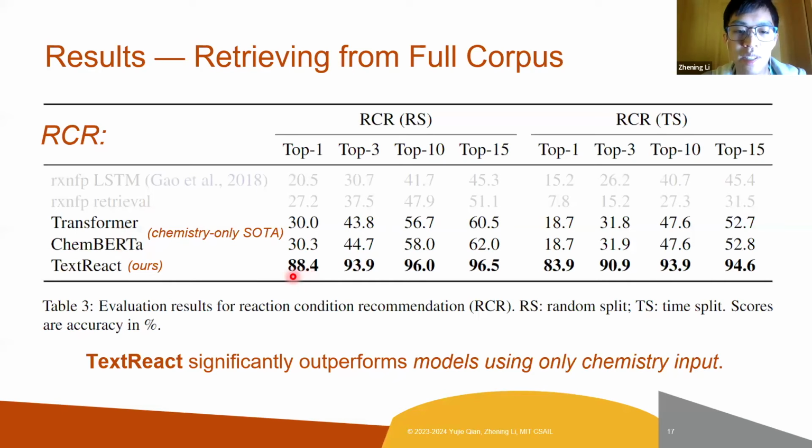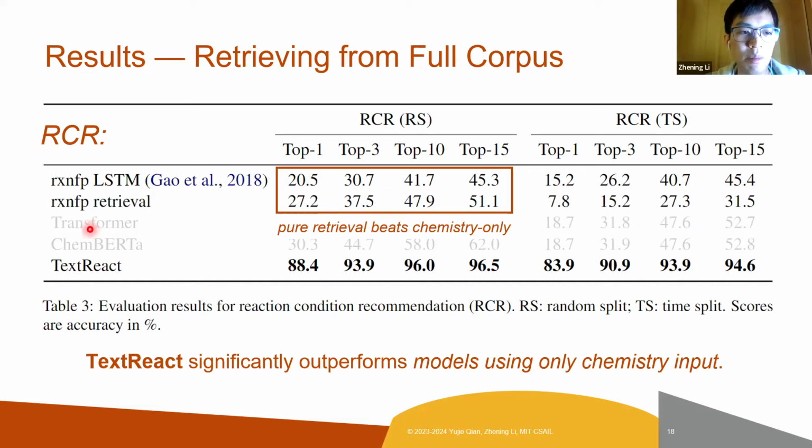And we still have a significant performance boost from TextReact using text retrieval. One thing to note is that Transformer and Camberta happen to be the state of the art of reaction condition recommendation models that do not use text retrieval. Because of this, I will not be showing the baselines that have been previously published because they all have worse performance than the transformer model.